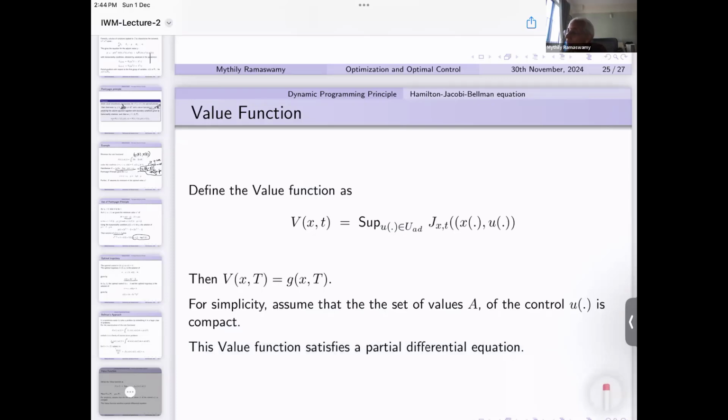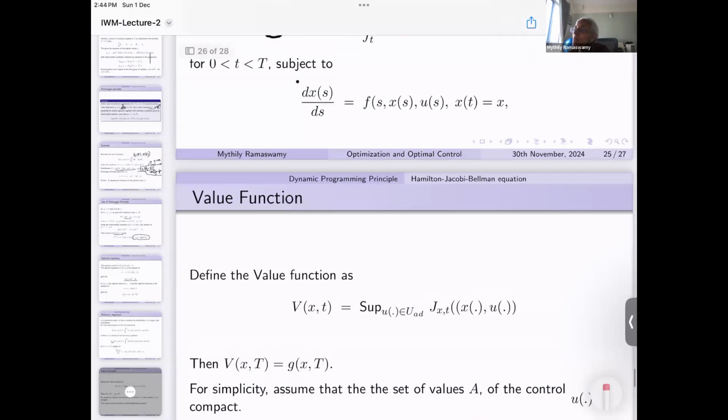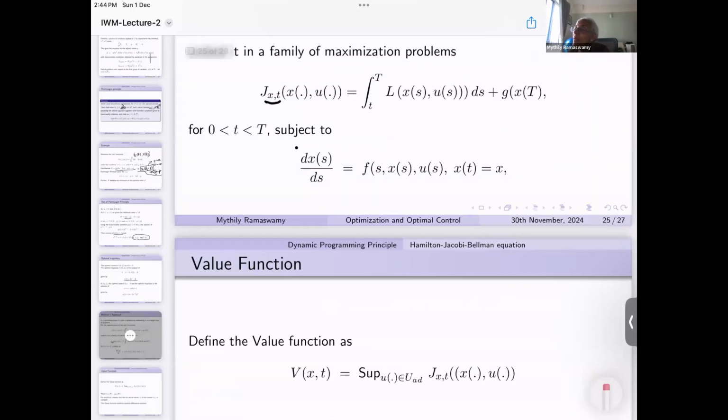this function will take the value g when t equals capital T. That is because when little t becomes capital T, the integral is 0. You are left with only the terminal cost g.